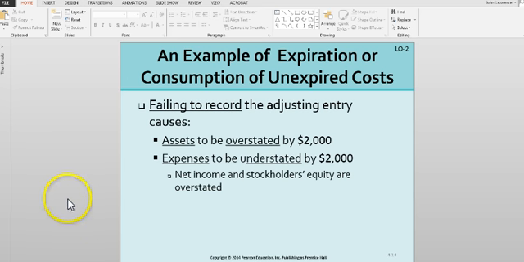So if expenses are understated by $2,000, that then implies that net income is overstated by $2,000. So this is a precise example of the rationale for recording that entry: it helps us to avoid an overstatement of our assets and hence an overstatement of our net income. An important process at the end of each accounting period.